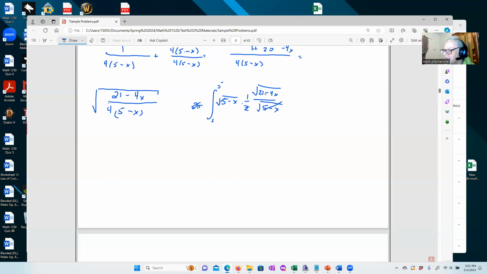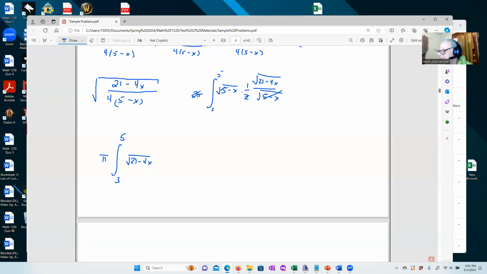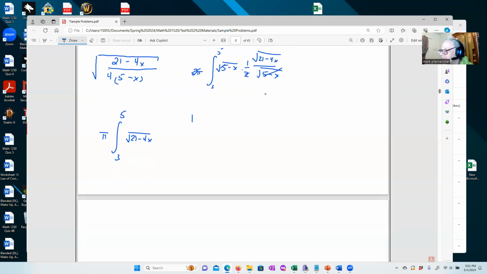So we end up with pi integral of the square root of 21 minus 4x. And what are we going from? We're going from 3 to 5. So I'm going to go ahead and say let u. So now it's a Calc 1 problem. Let u equals 21 minus 4x.